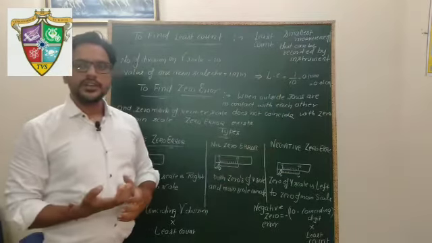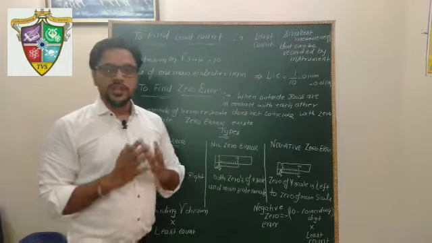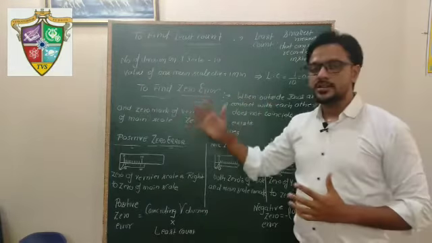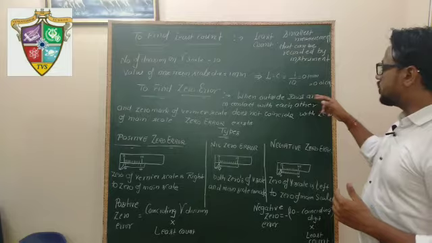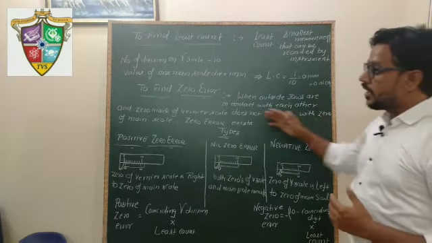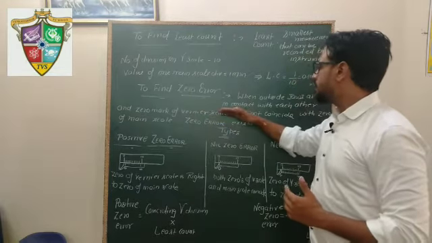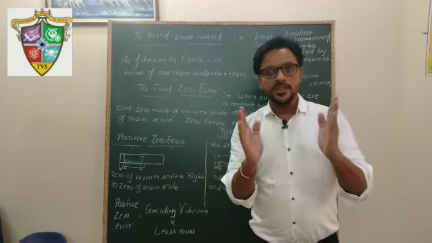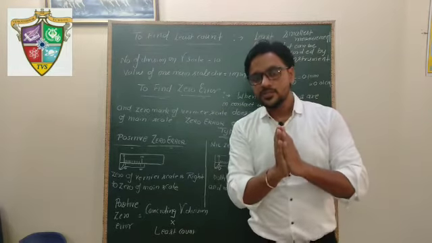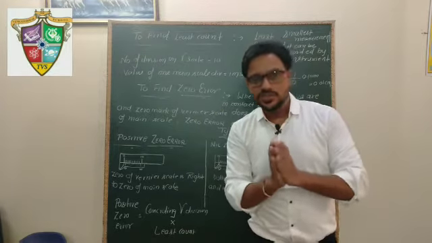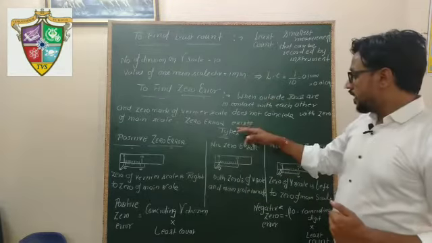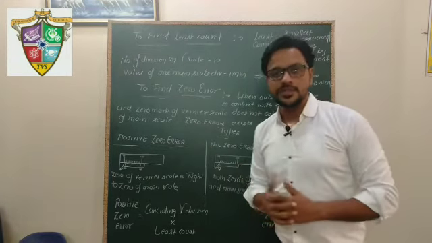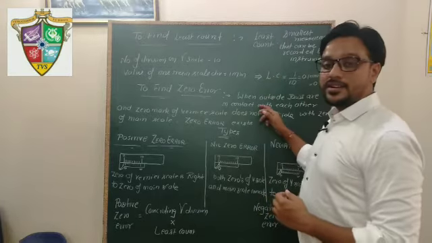After finding least count, we will see whether the instrument has zero error. Zero error occurs when the outside jaws are in contact with each other and the zero mark of the vernier scale does not coincide with the zero of the main scale. When the outside jaws are fixed to each other, and the zero of both scales, main scale and vernier scale, does not coincide, zero error exists.